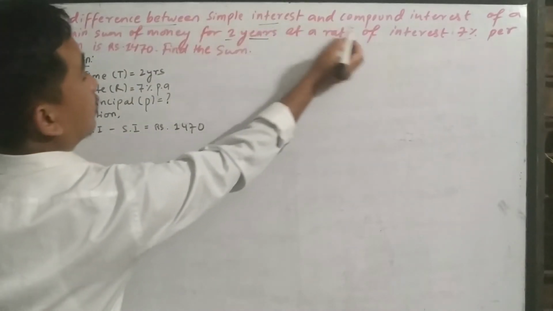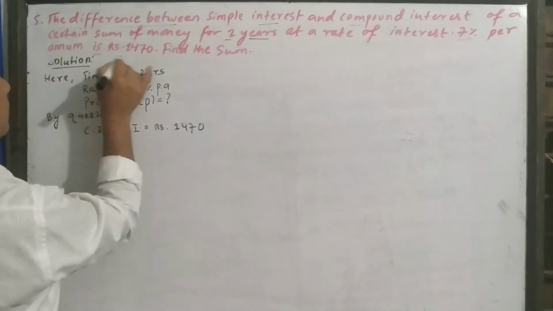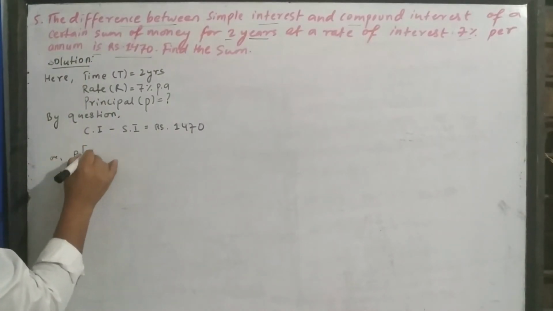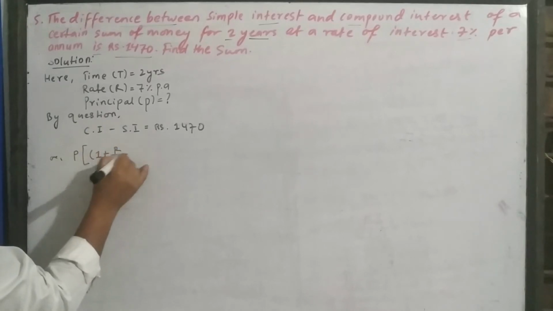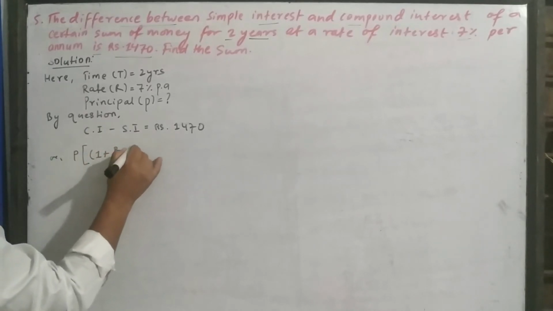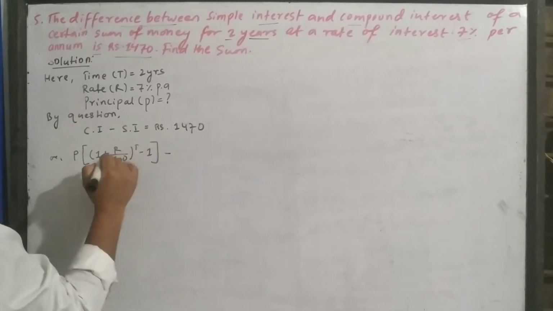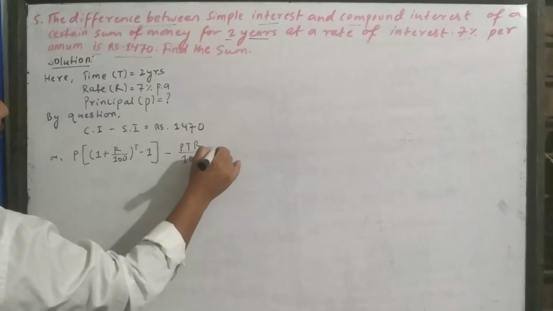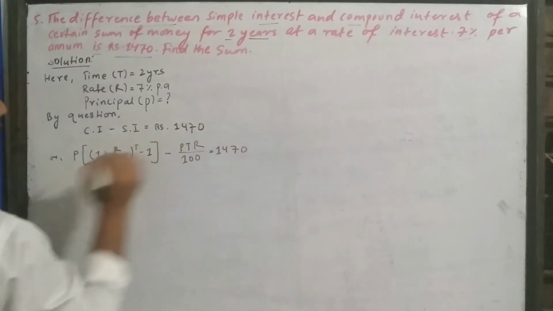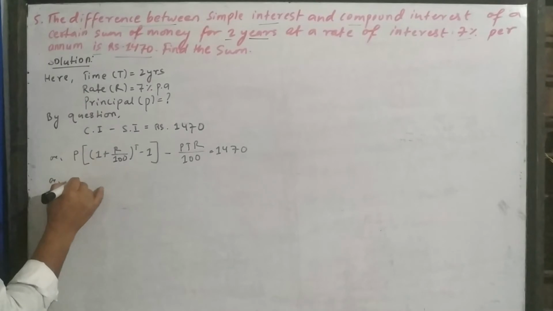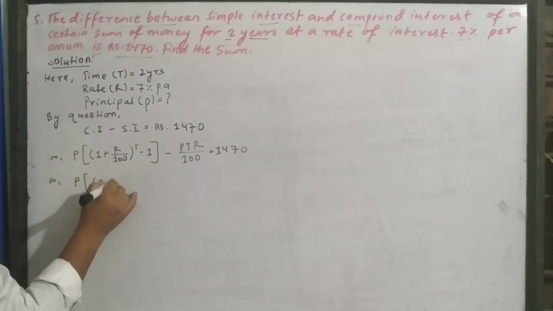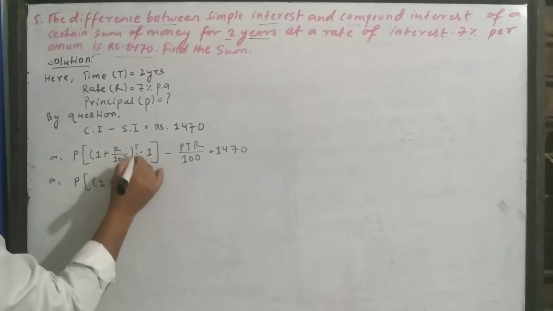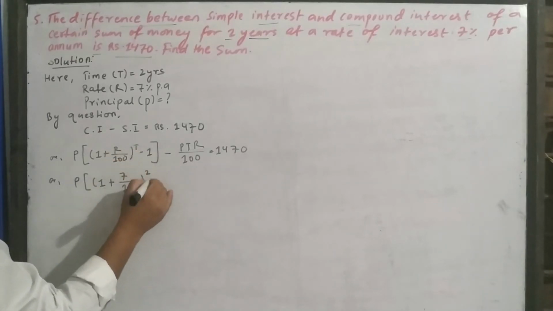Difference between simple interest and compound interest is rupees 1470, or p into 1 plus r by 100 power t minus 1 minus simple interest p t r by 100 equals to 1470, or let's put the values: 1 plus the value of r is 7 divided by 100, power value of t is 2, minus 1.